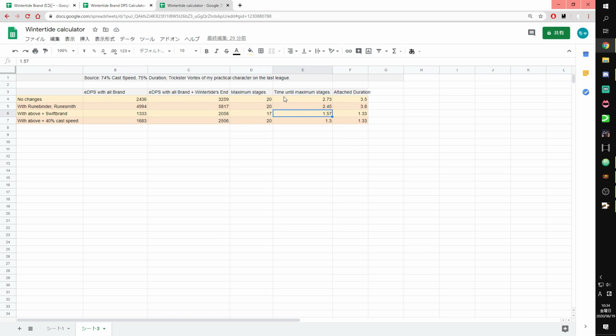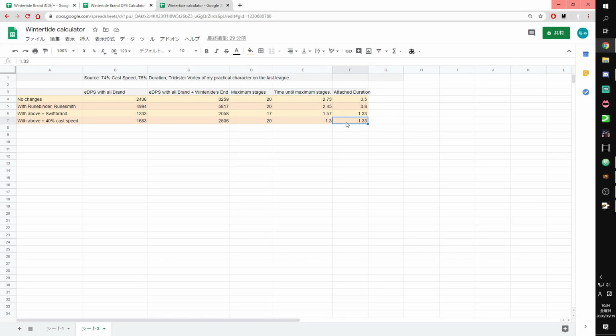Time until reaching the maximum stage is 1.57. So I adjusted cast speed to reach the maximum stages before the attached duration expires. Time until maximum stage is 1.3.